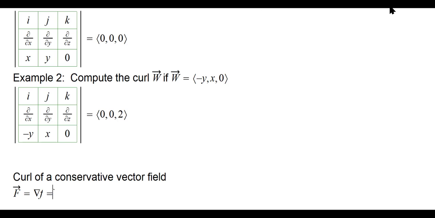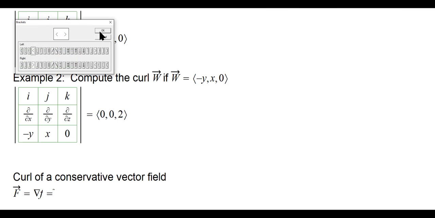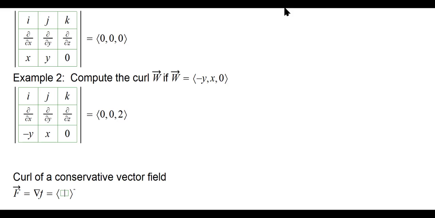The one condition we took on our function for this course is that the second partial derivatives of the function exist. They all exist and they are continuous, so that the order of the derivative doesn't matter.